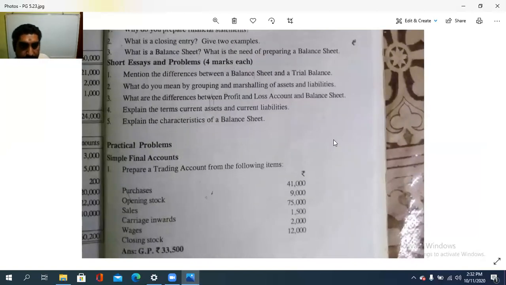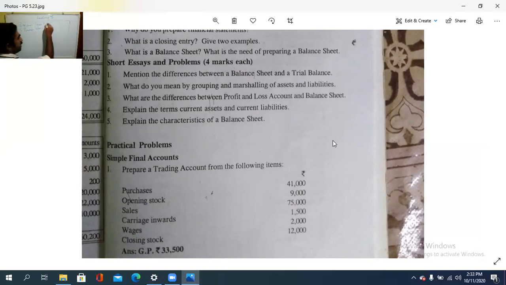Prepare a trading account for the following items: purchases, opening stock, sales, carriage inwards, wages, closing stock. So, trading account. To opening stock, 9,000. Then to purchases, there are no returns, 41,000.